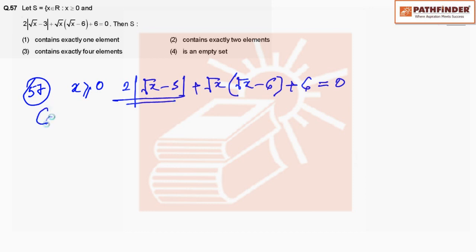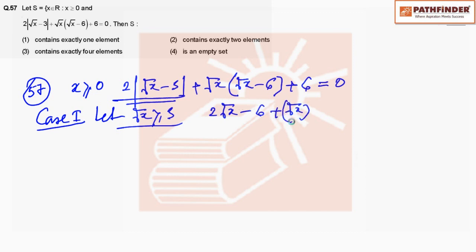So case 1: let root x be greater than or equal to 3. Then we can say root x minus 3 will be positive. So the equation becomes 2 root x minus 6 plus (root x) whole square minus 6 root x plus 6 equal to 0.